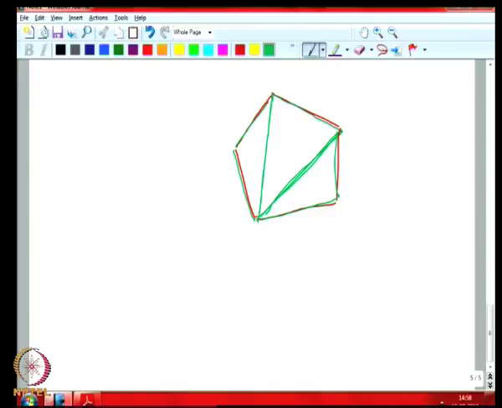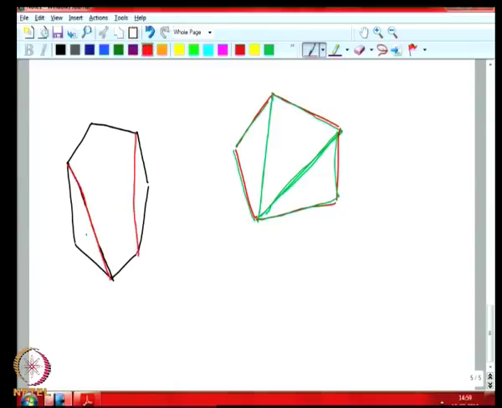Similarly, let us say this is a polygonal region. We can triangulate it: one diagonal can be added here, another diagonal here, another here, and another here. So this is one way of triangulating this.